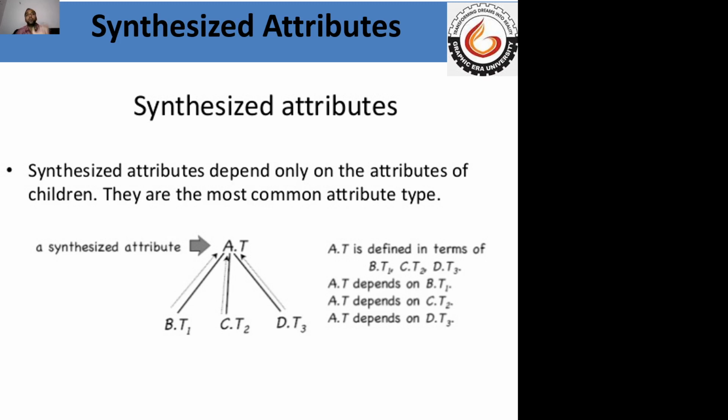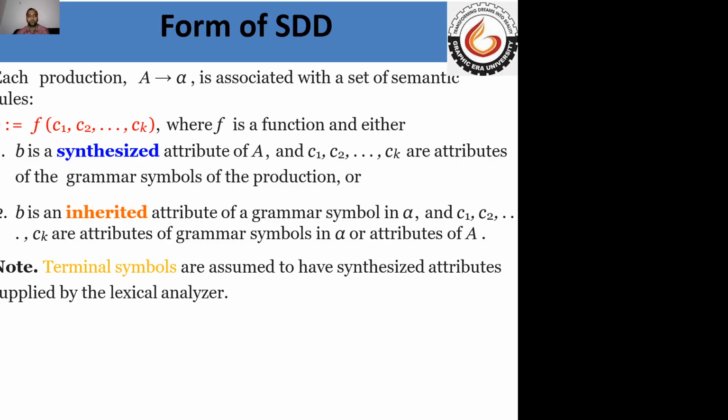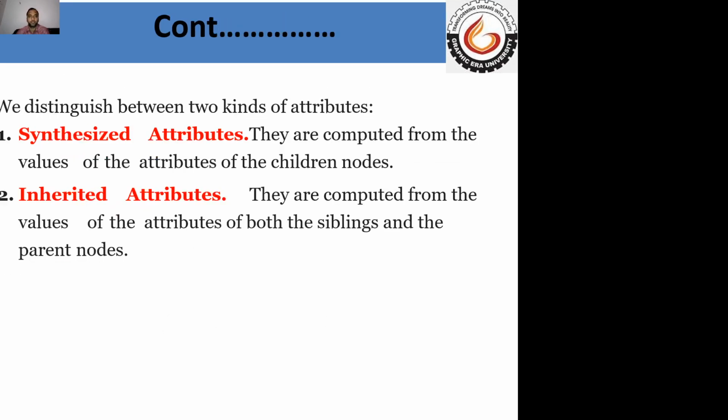The definition of A depends only on either B or C or D, which means synthesized attributes totally depend on the values of their children. Or in another way, we can define the attributes that depend on the attributes of its children as synthesized attributes. This is a synthesized attribute.